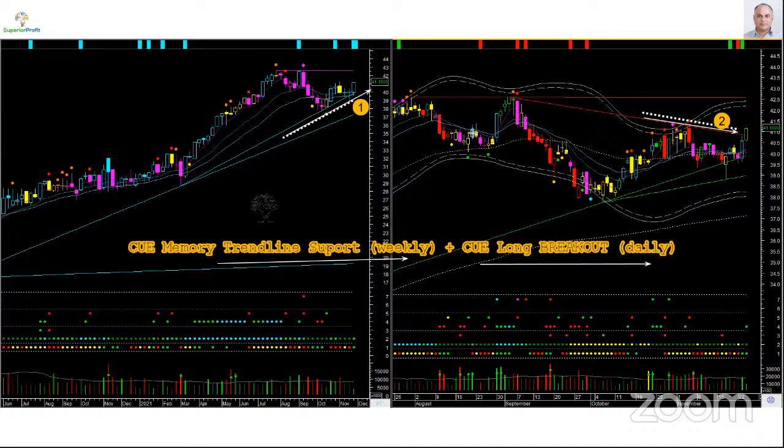Now, if you watch the stock, then you know that if you ran the scan, weekly memory support and daily memory support, you could have identified it on this day itself. That would be weekly support as well as daily support. And on this day, it would have come in combo scan weekly support, daily resistance.